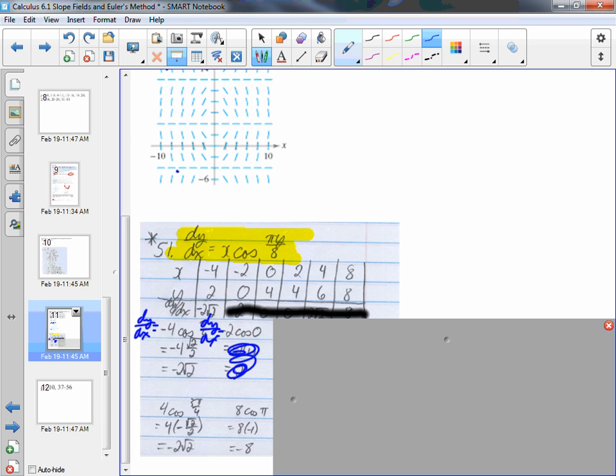What is the cosine of 0? So I've got negative 2 times 1, and that slope is negative 2. Yeah, try that next one on your own.